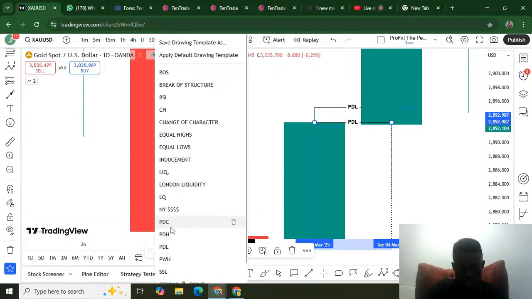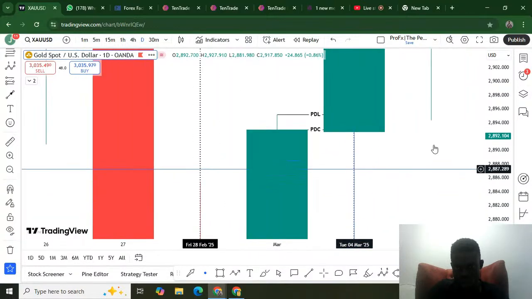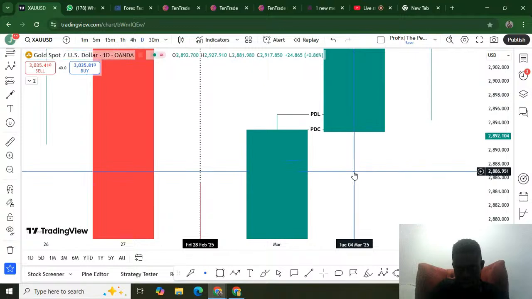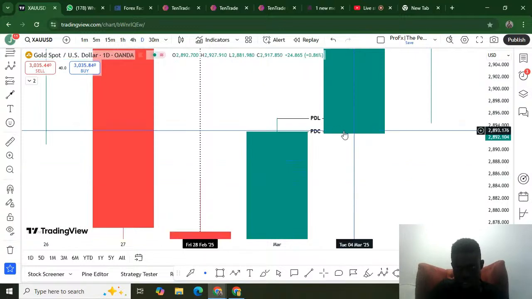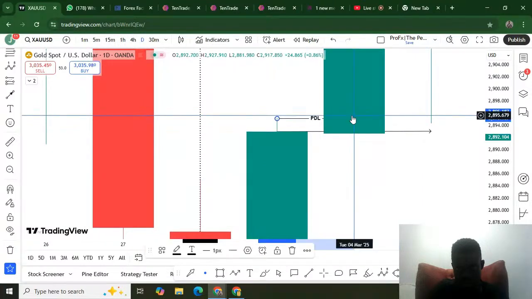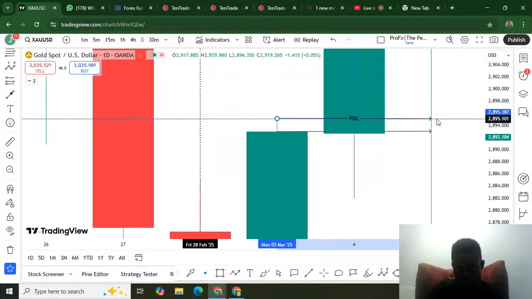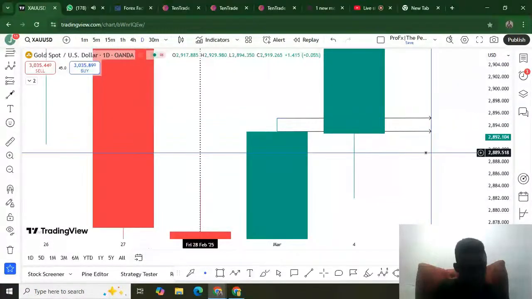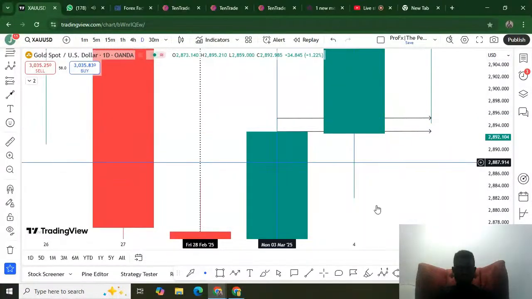Was this a manipulation case or not? Look at this carefully. Was there a manipulation here or not?